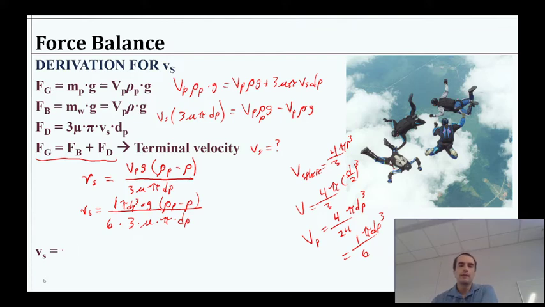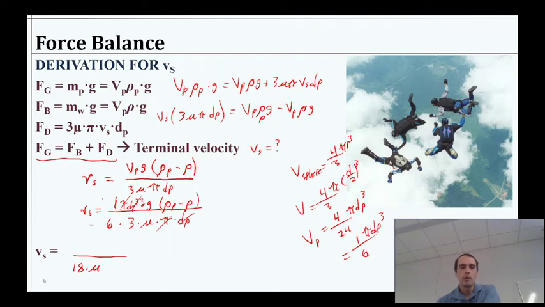Simplify the last bit, and we say Vs then is equal to, the pi's will cancel. On the bottom, we'll be left with 18 mu, because the dp will also cancel with one of them up top.